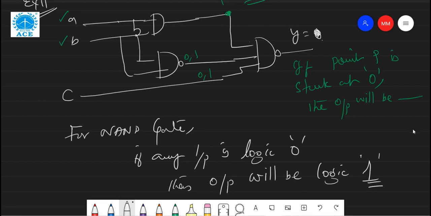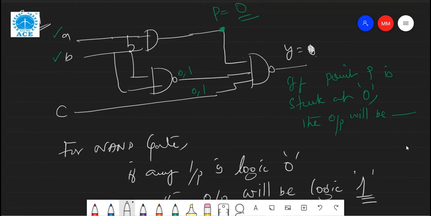So in this case, see here, any one of the inputs, this is 0 anyway because it is stuck at 0. So no matter whatever the next input is, either 0 or 1, when any input is 0, the output is high.